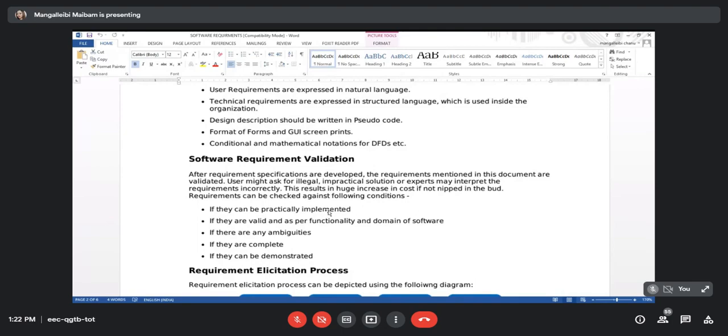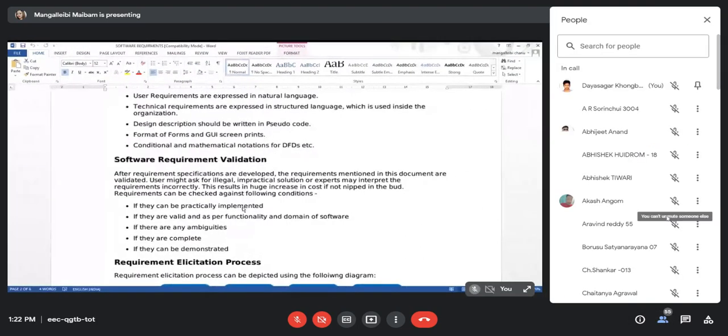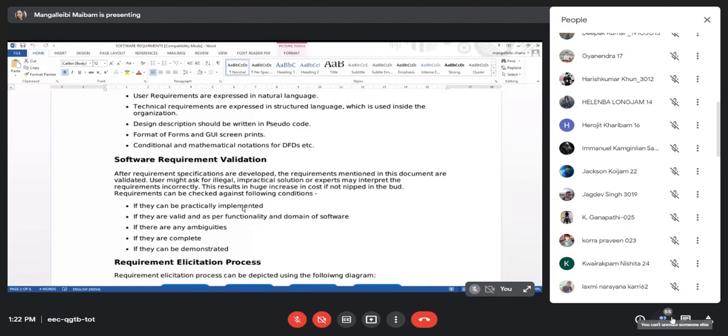Now we are going to check if they can be practically implemented, whether you can truly implement your program, you can truly implement your software. That has to be checked. That becomes one essential condition in checking the validation, software requirement validation.